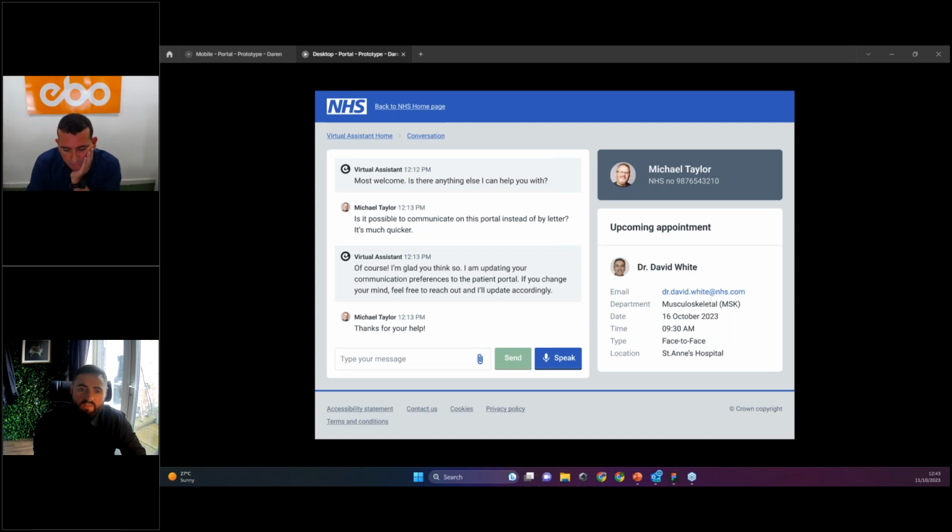Great question here. What are the inbuilt safeguards for confidentiality? Just say that last word again, Sean. Confidentiality. Have you got any kind of inbuilt safeguards for that? Yes, this is a big part. Everything you're seeing is secured end to end, obviously using the latest technologies. This is all hosted in Microsoft Azure, and all data is kept within the UK.